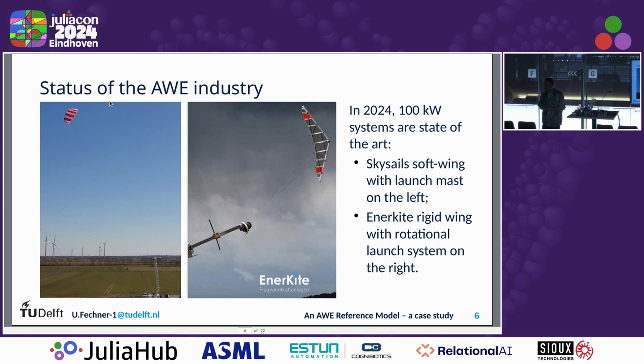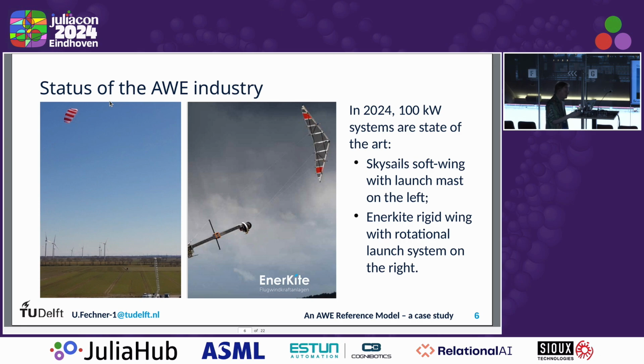Status of the airborne wind energy industry. I show here two examples. On the left-hand side, you see SkySails, which is a German company. They have two systems in operation, one of them in northern Germany, near my hometown, and one on Mauritius.